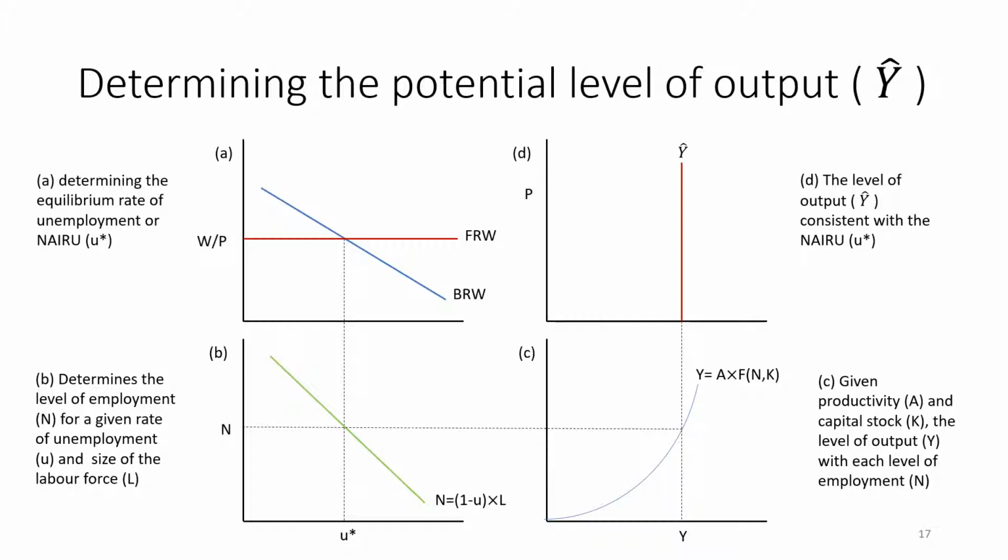If we then take this level of employment, we can combine it with capital in our production function, and we can see how productive it is using total factor productivity to determine the level of output in the economy. And this is shown in panel C. And then finally, in panel D, we can see the potential level of output, which is consistent with the rate of unemployment being equal to the NAIRU.